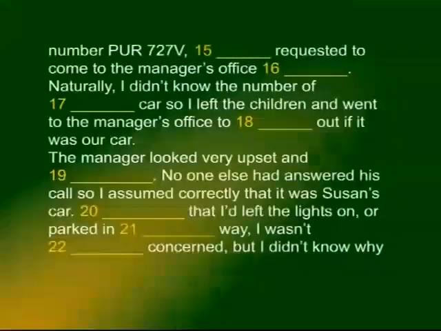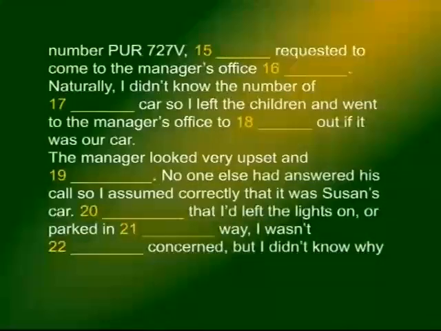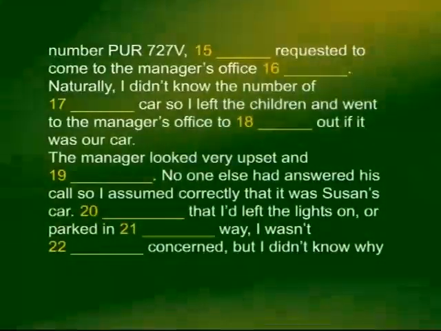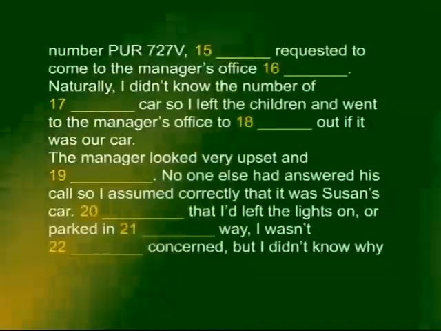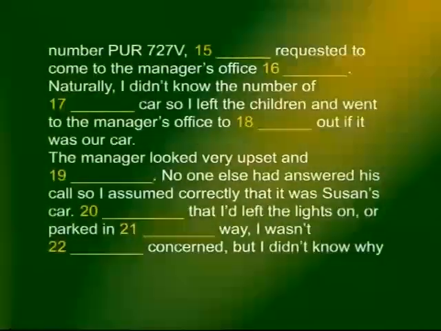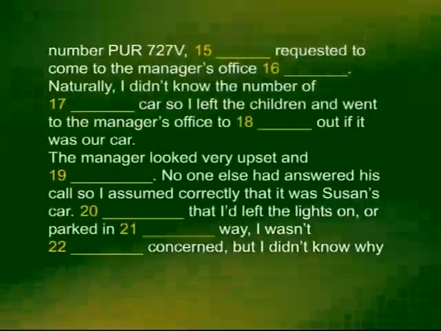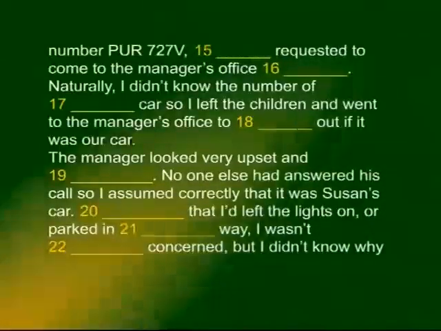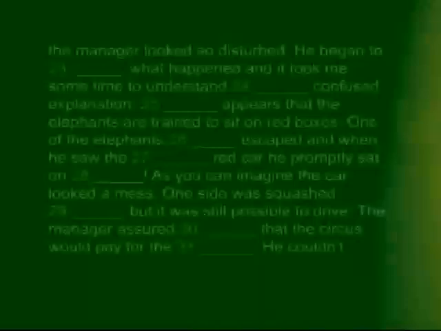Now, notice there is no gap in the next sentence. And the next gap, number 20, is at the beginning of the sentence. Now, read: "I'd left the lights on or parked in way. I wasn't concerned, but I didn't know why the manager looked so disturbed."